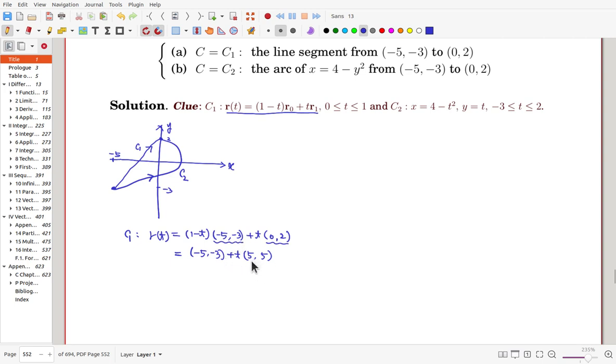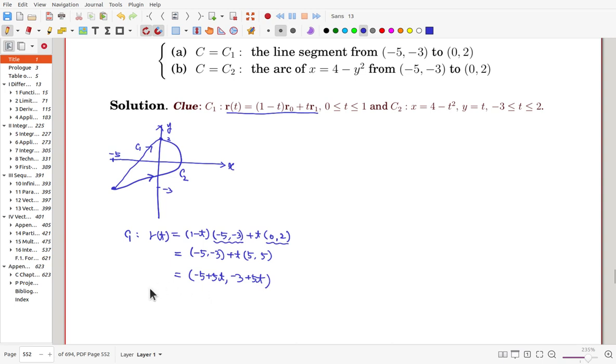So we have the parameterization: the first component is minus 5 plus 5t, and the second one is minus 3 plus 5t.